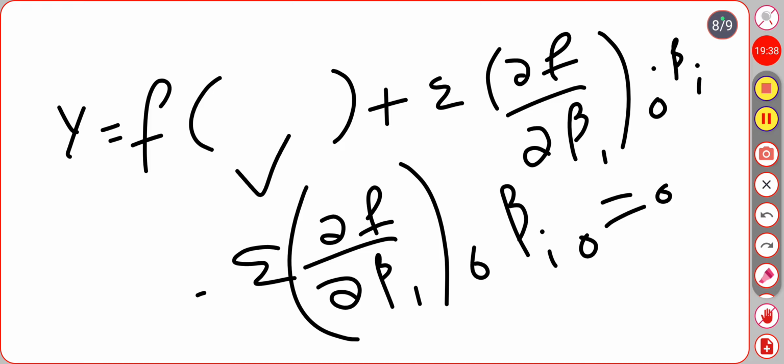So this term we can take to the right hand side.